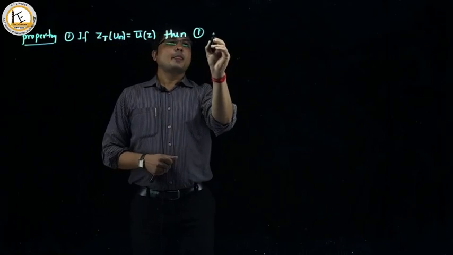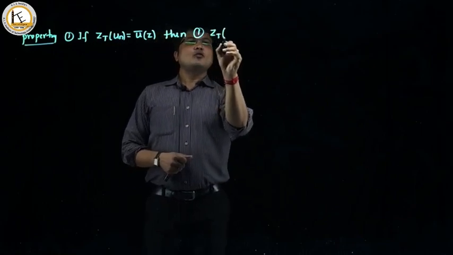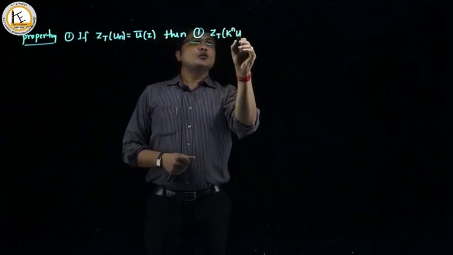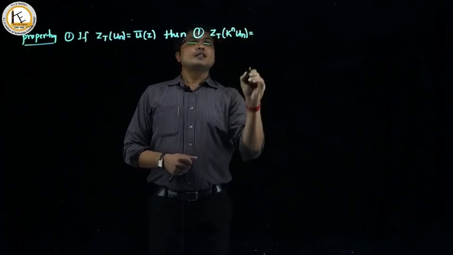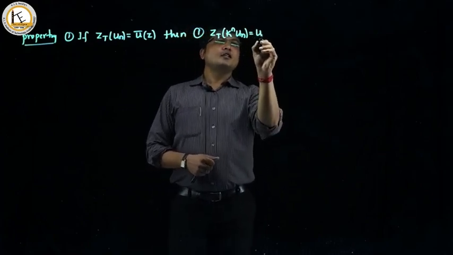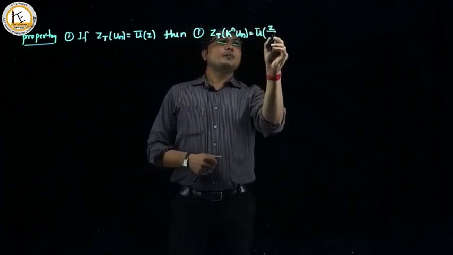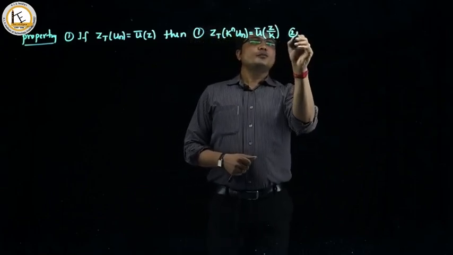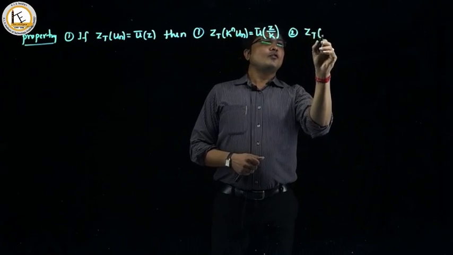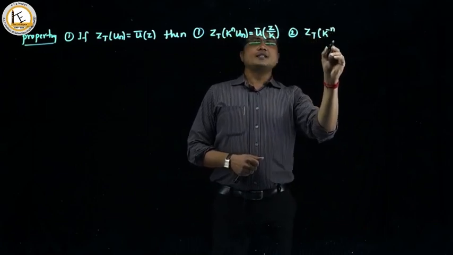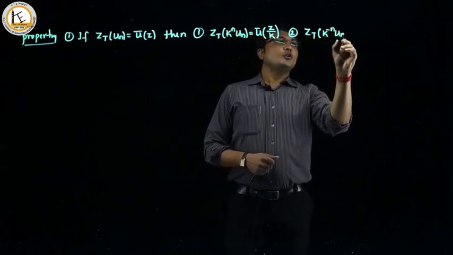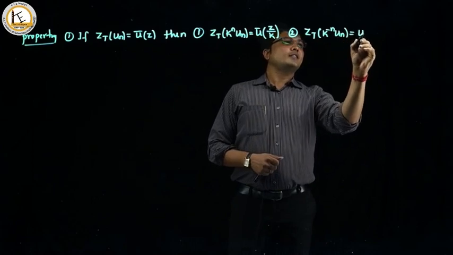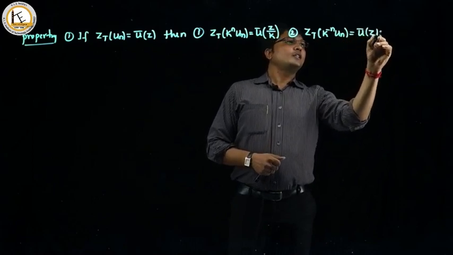First one, Z transform of k raised to n into Un is defined as the function U bar of Z by k, and also Z transform of k raised to minus n into Un is defined as the function U bar of Zk.